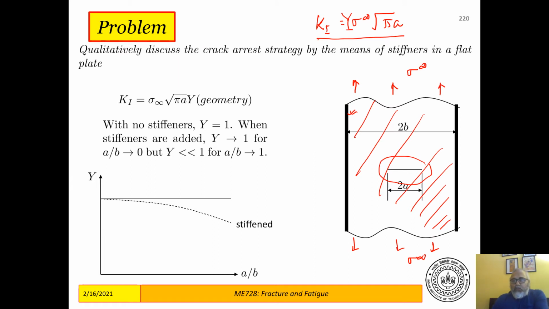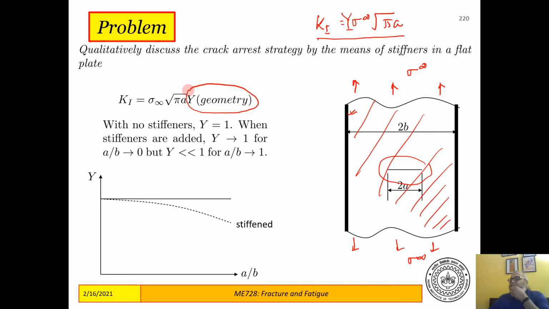Okay, now if Y is equal to 1, that means 2b is much larger than 2a, then the stress intensity factor is Y times sigma infinity root pi a. So Y is a function of the geometry.